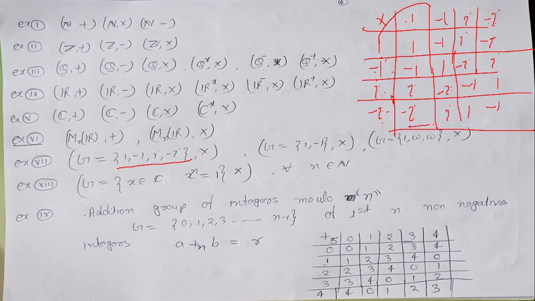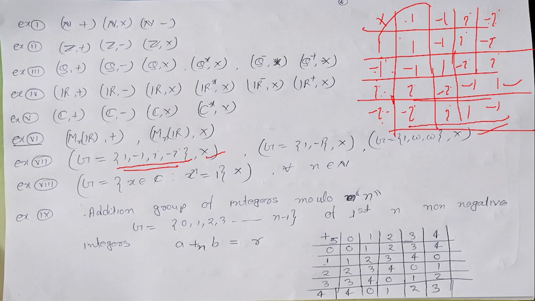all those four elements are available, and there is no other external element. So in this way we can say that these four elements form a group under multiplication.